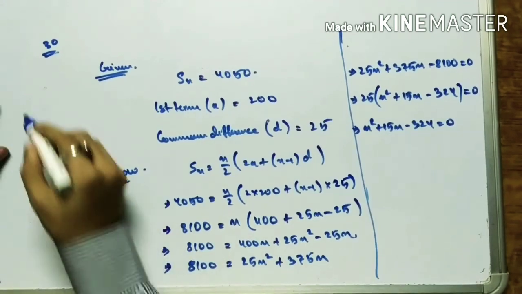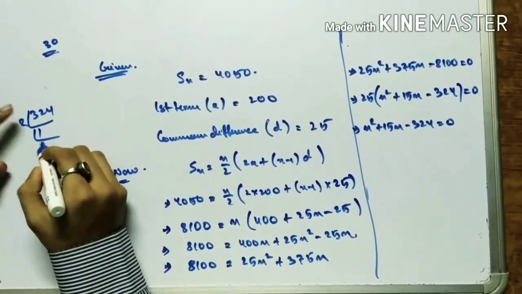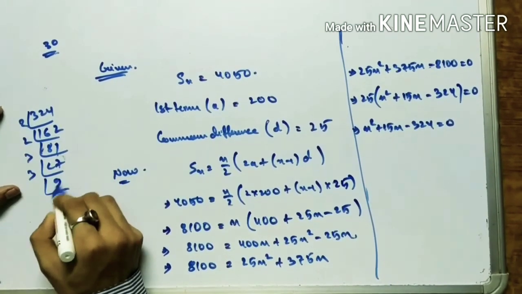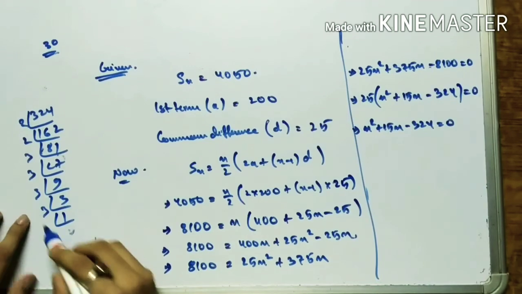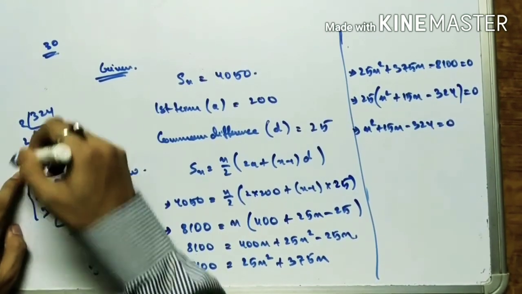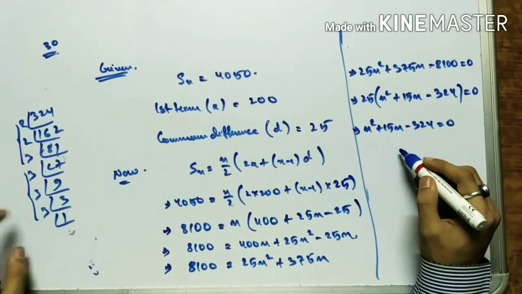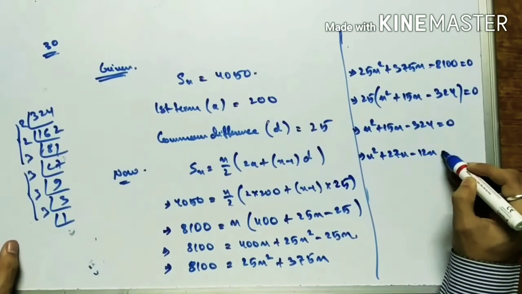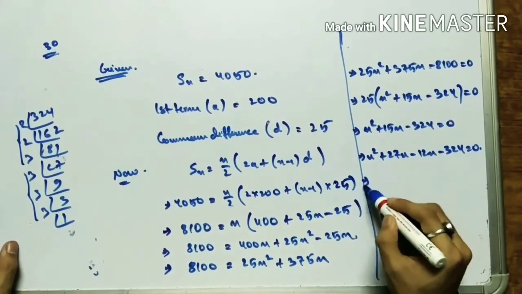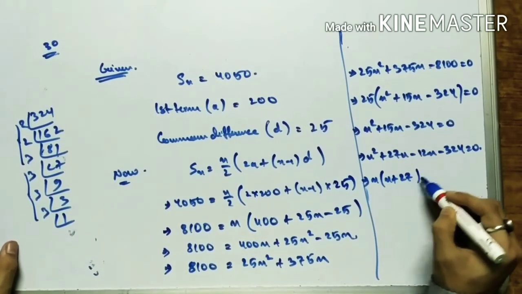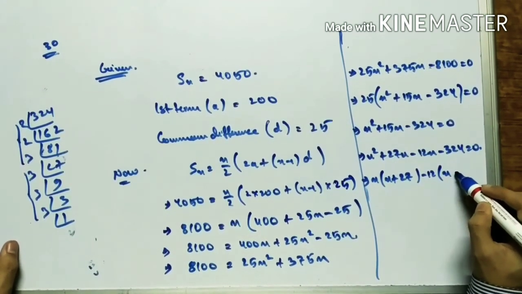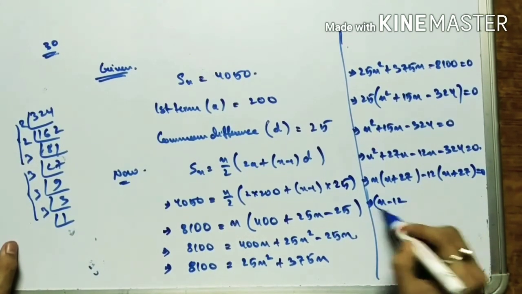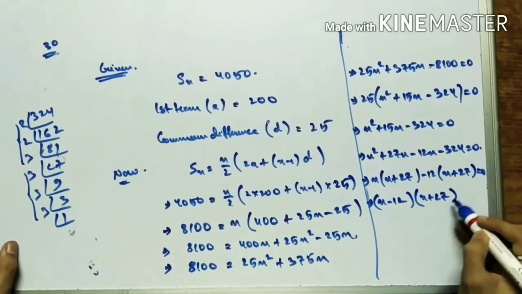So 324, 2 1s are 2, 2 6s are 12, 2 2s are 4, 81, 3 27, 3 9, 3 3, 3 1. So here 3 3s are 9, 9 3s are 27, 3 2s are 6, 6 2s are 12. 27 minus 12 is 15. n square plus 27n minus 12n minus 324 is equals to 0. n common, n plus 27, minus 12 common, n plus 27 is equals to 0. So this becomes n minus 12 and n plus 27 is equals to 0.